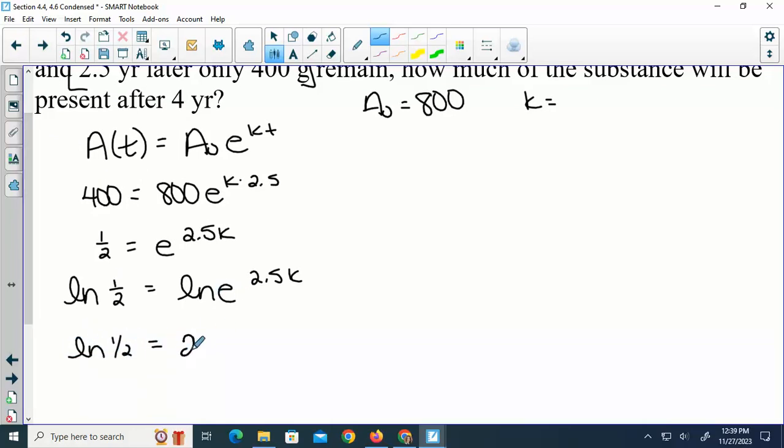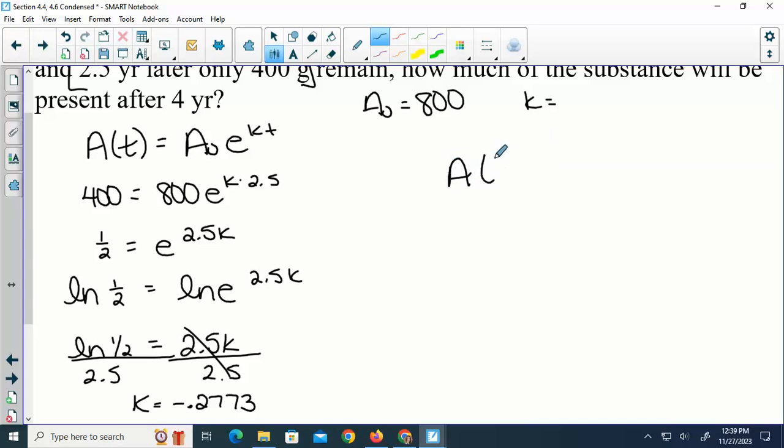So that gives us 2.5k. So we divide by 2.5. So we have the natural log of 1/2 divided by 2.5. So now we have our k.